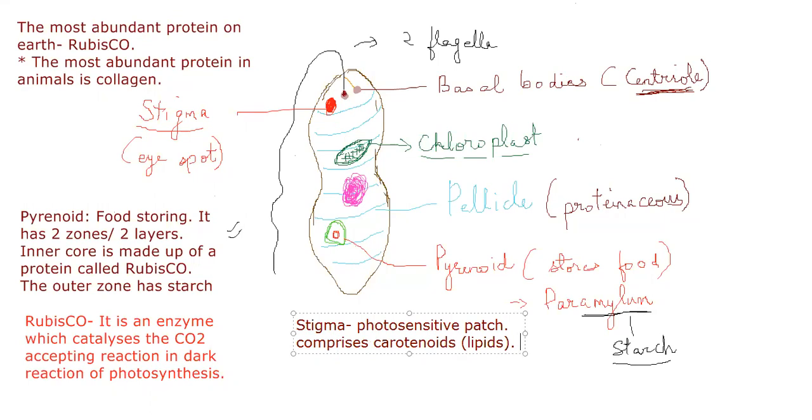Carotenoids help in photosynthesis as well. Here, the presence of carotenoids helps this organism to detect light. This organism would show movement towards light.